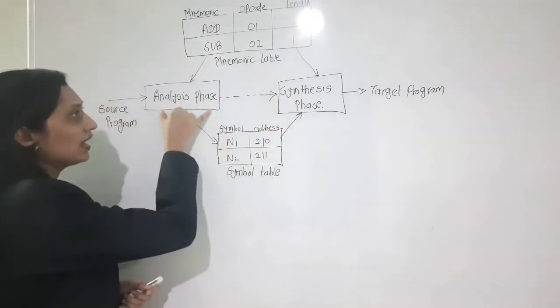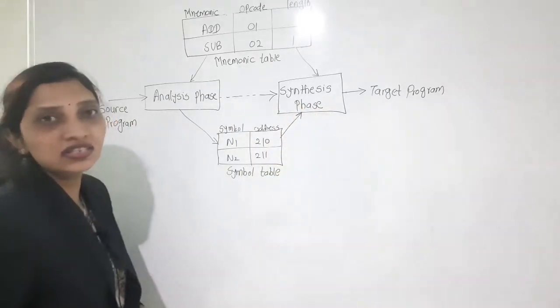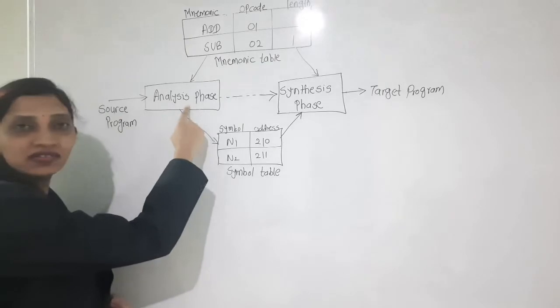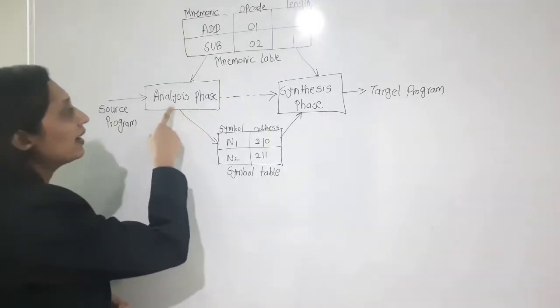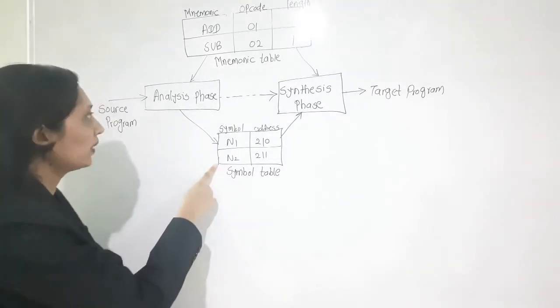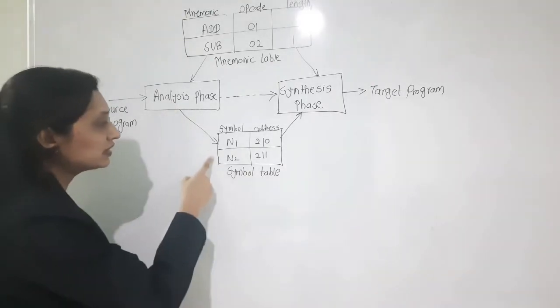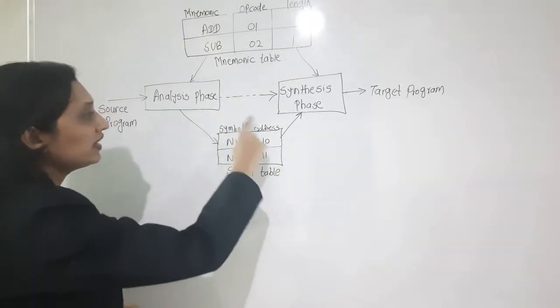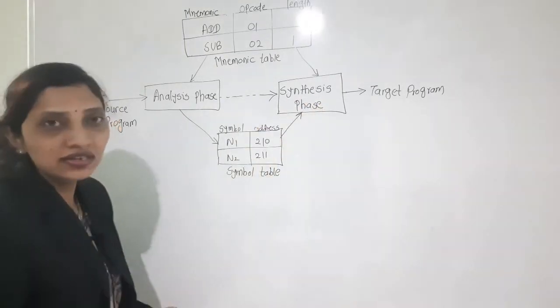Firstly the source program is given to the analysis phase, and the analysis phase generates the symbol table, and then this symbol table is used during the synthesis phase.